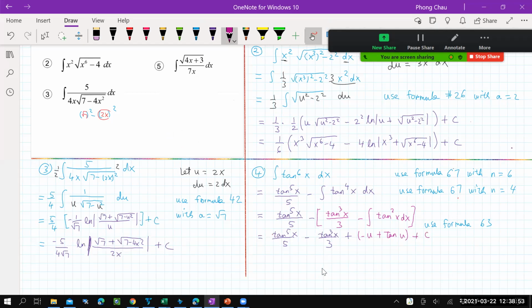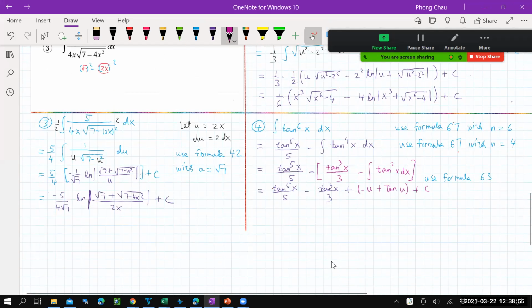All right. So let me rewrite the answer here. The final answer will be tangent to the fifth over 5 minus tangent to the third over 3. We will write that with the tangent first. I think it's the x in our case, right?